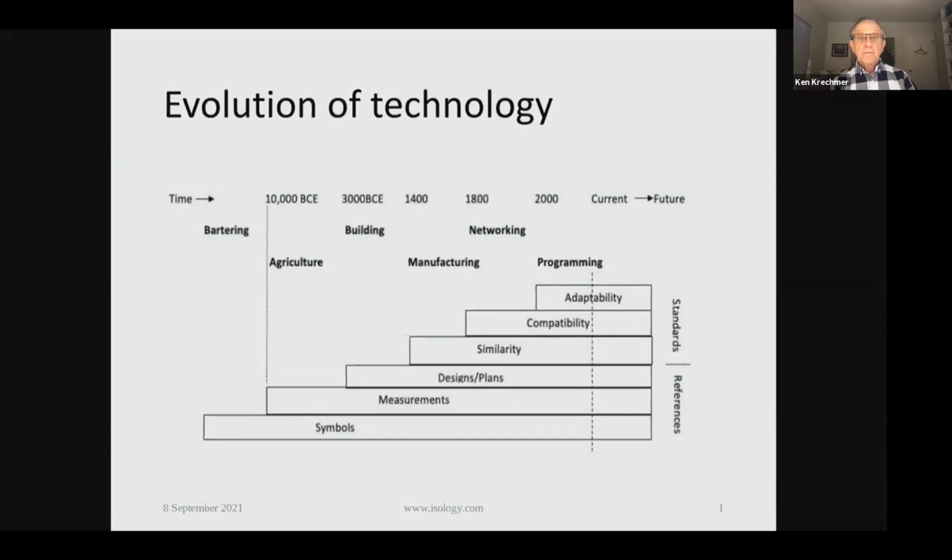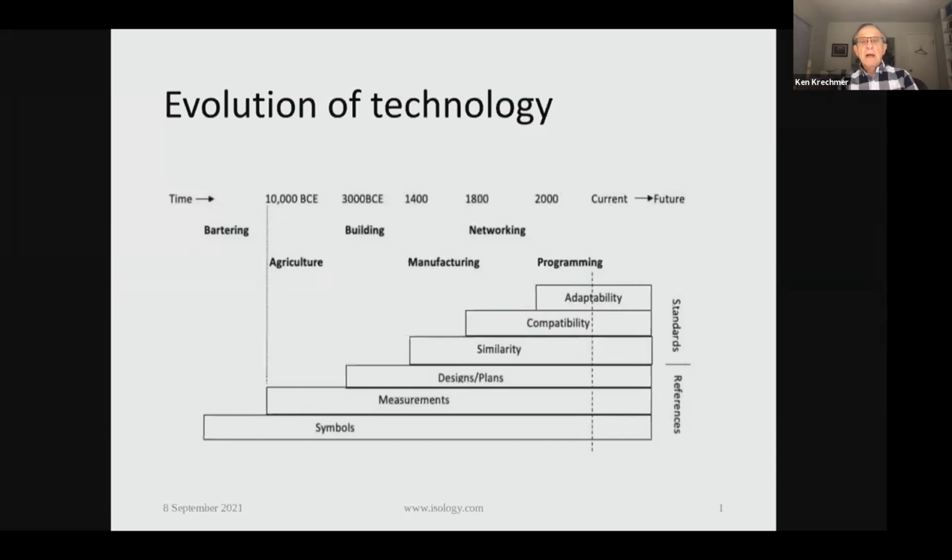So with building, we see the emanation of designs and plans. And then manufacturing, we see the beginnings of similarity. Think about it, any manufacturing process is producing repetitive results, which are obviously similar. So the concept of similarity and manufacturing go hand in hand.